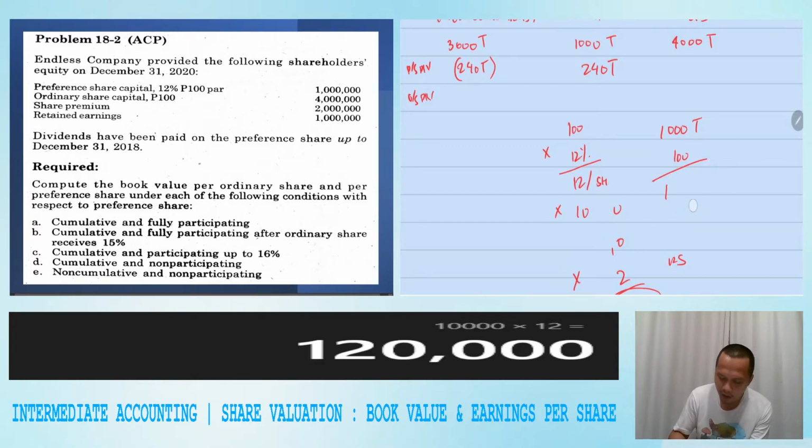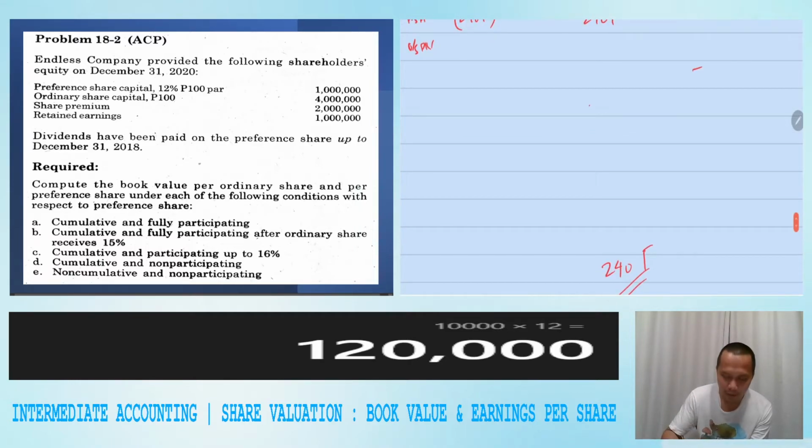Actually, yung mas madali lang talaga dyan na computation is to multiply the total par value by the rate. 4 million is the total par value. Times 12%.